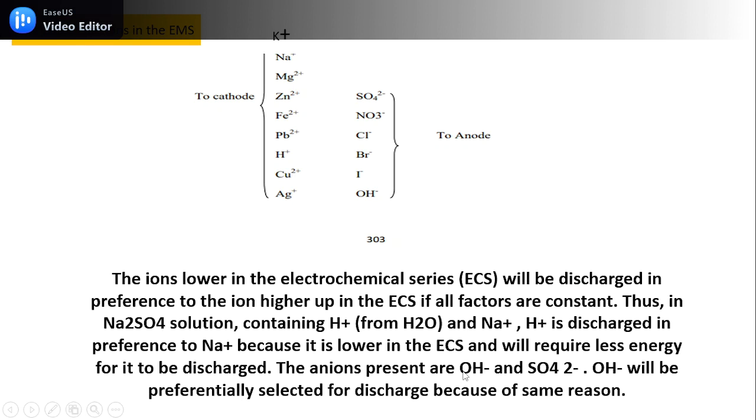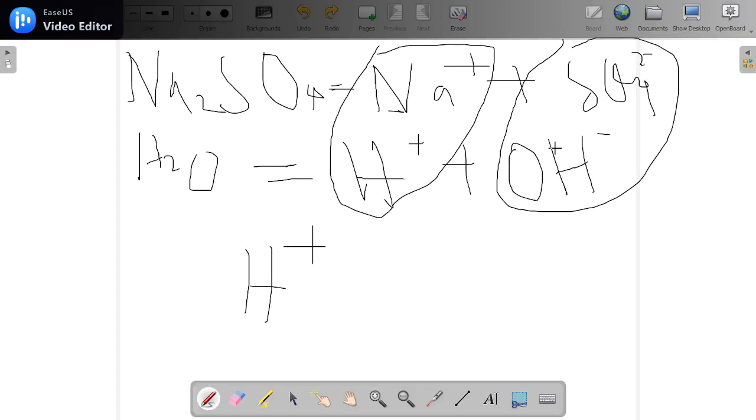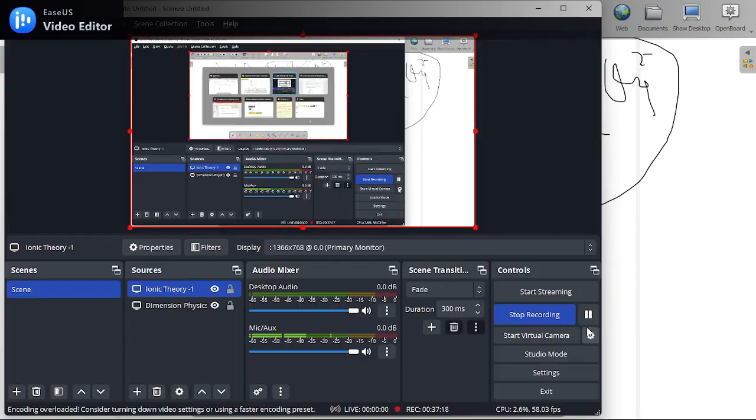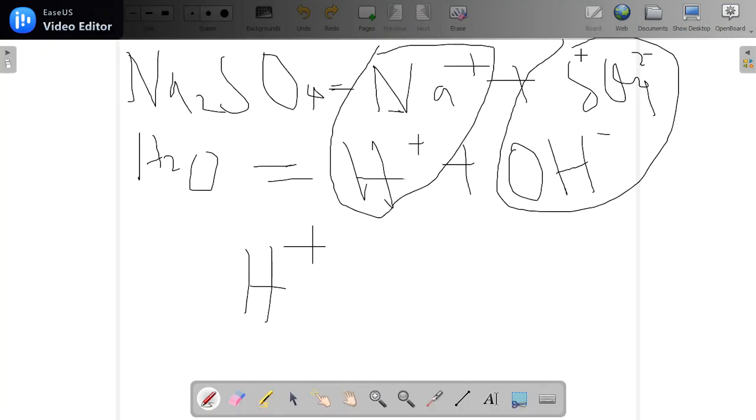Now if we move to this portion, the negatively charged ions, which are the anions.